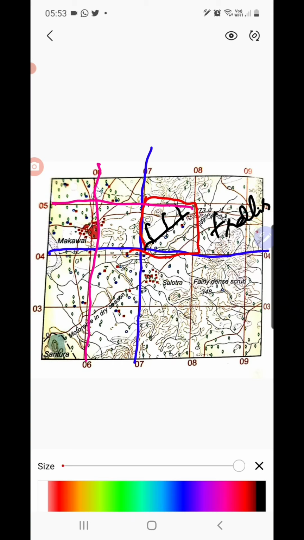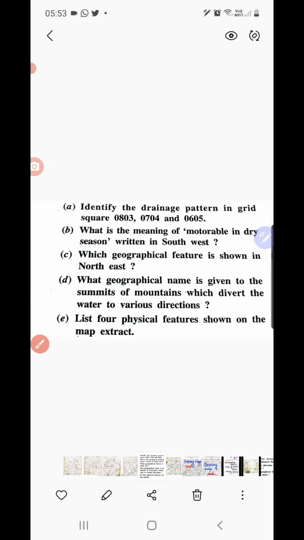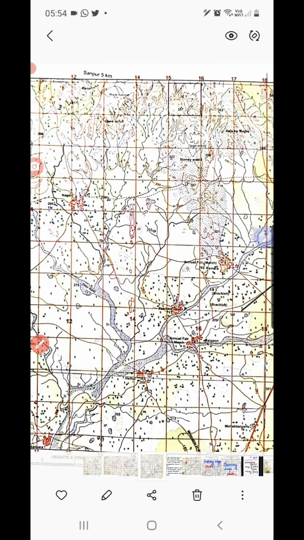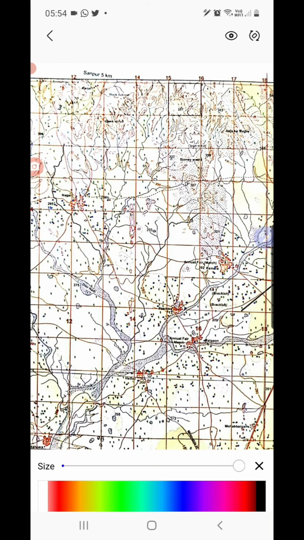If you observe clearly, you can see this is a disappearing stream or underground drainage. Now one more pattern we have to find out that you can see in this map. You see here, if you observe this one, this is a dendritic pattern. So these are the four types of drainage pattern. Moving to the next question.